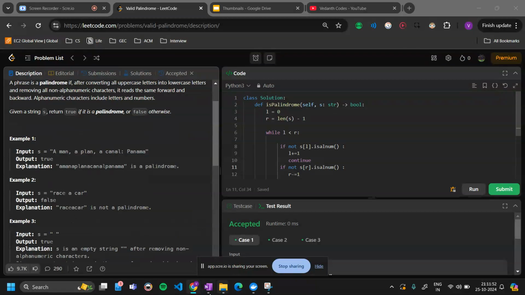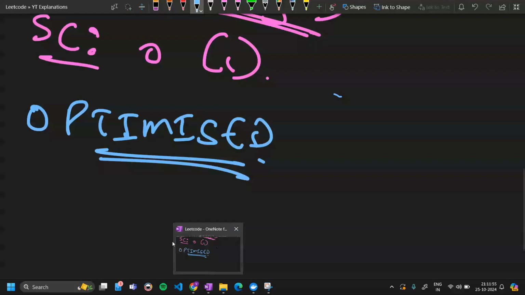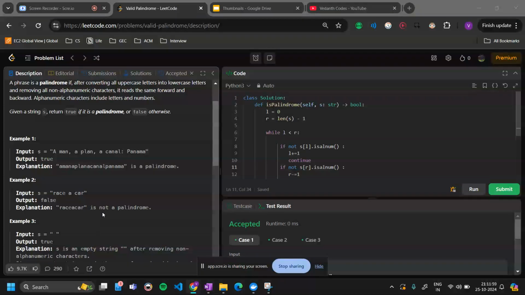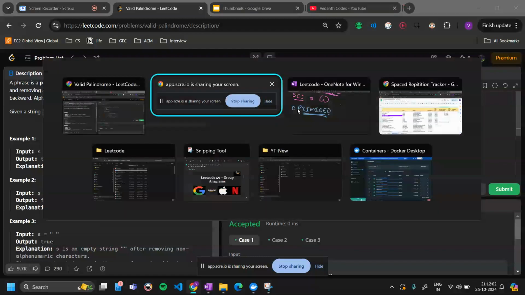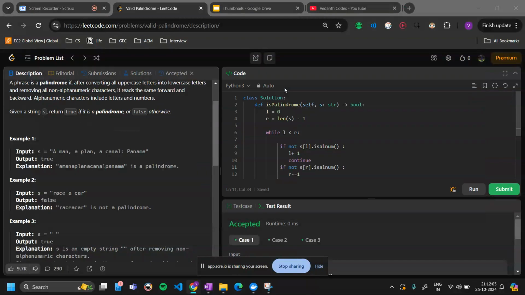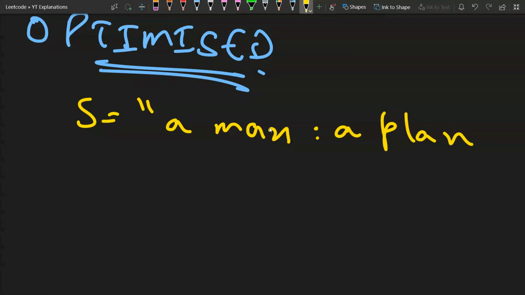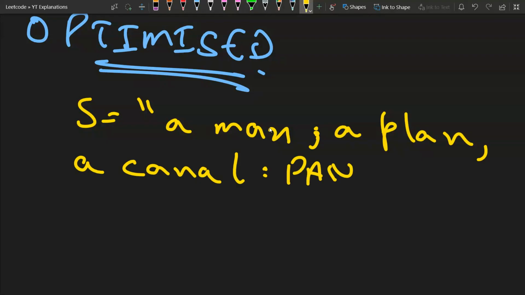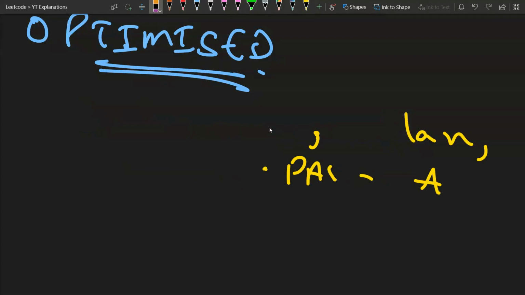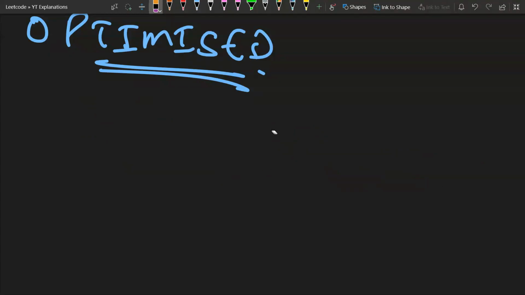So if I take this as a man, a plan, a canal, Panama, I would just write it in a single line because it becomes really easy to explain that way.